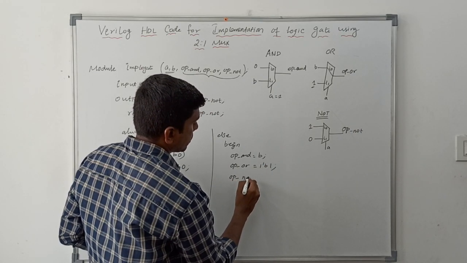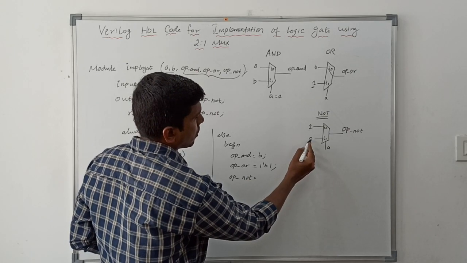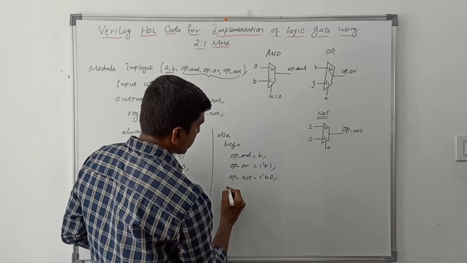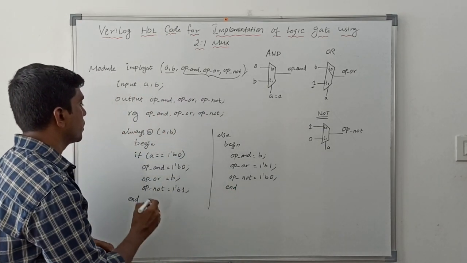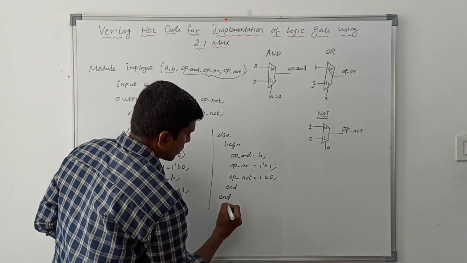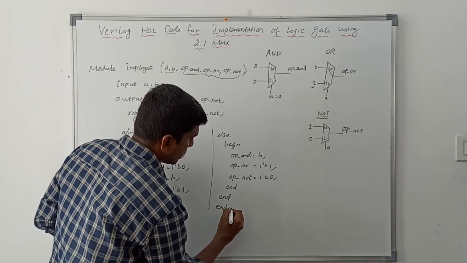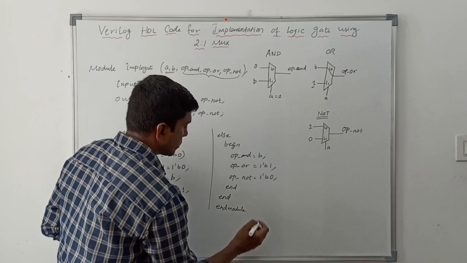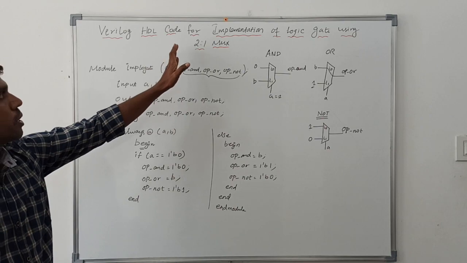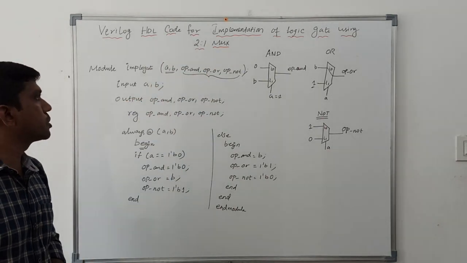Then output NOT gate equals 0, so 1'b0. Then end, one more end for this begin, and then endmodule. So this is the simple program for implementation of logic gates using a 2:1 mux.